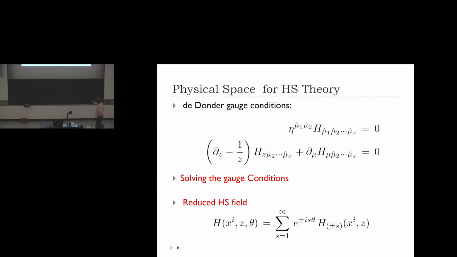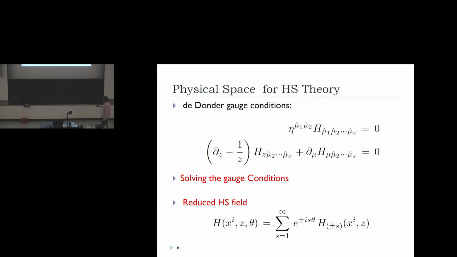So the physical version is this comes with a gauge. In this case, for example, the Donder gauge and the tracelessness condition. You should imagine solving those gauge conditions, analyzing what the solution to that is, and then there would be a reduced field.